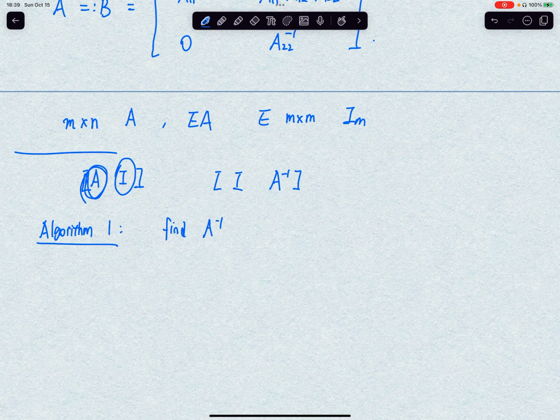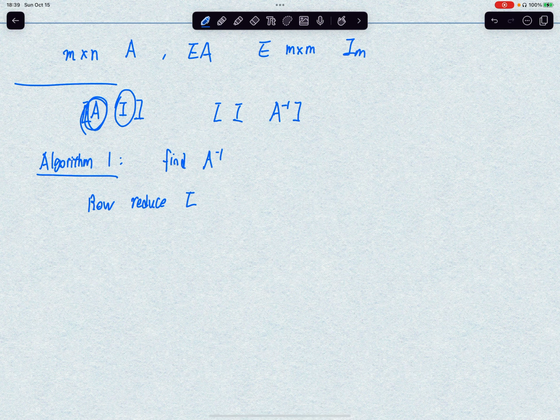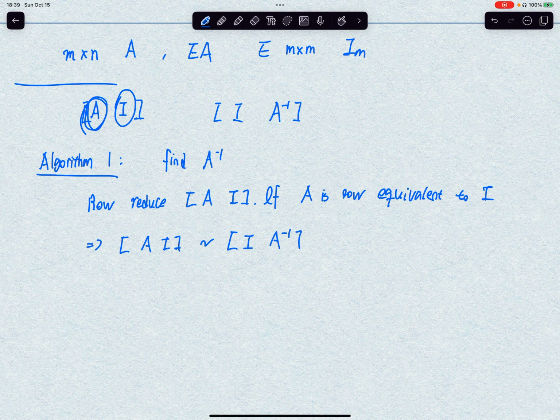We reduce the augmented matrix [A I], and if A is row equivalent to I, then [A I] is row equivalent to [I A inverse]. Otherwise, A has no inverse. So let us use this algorithm to find an inverse.